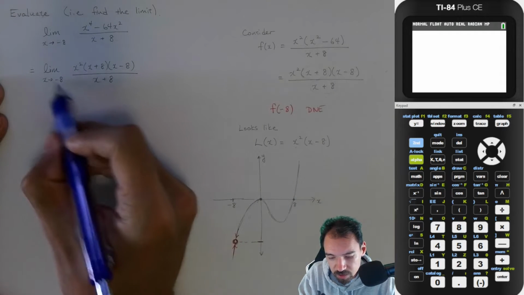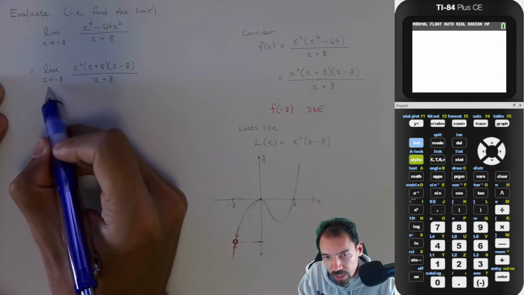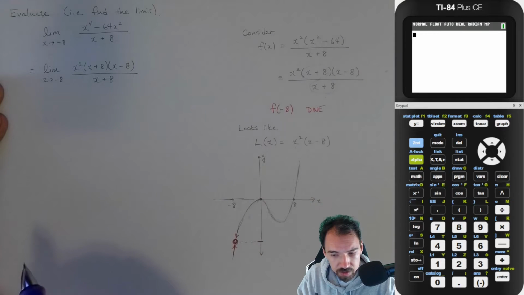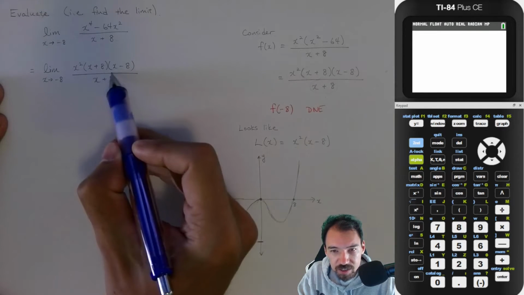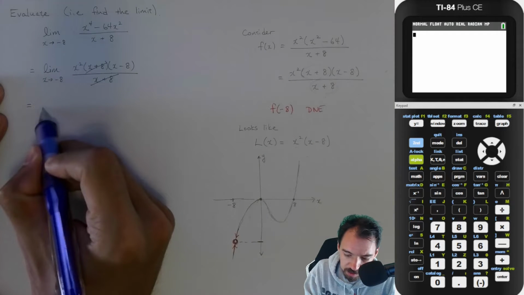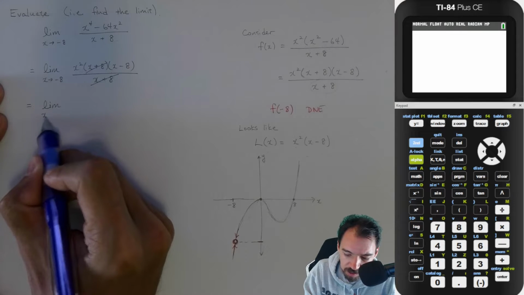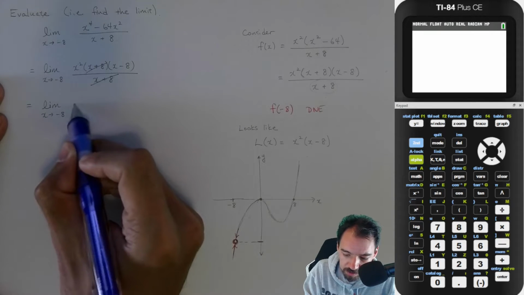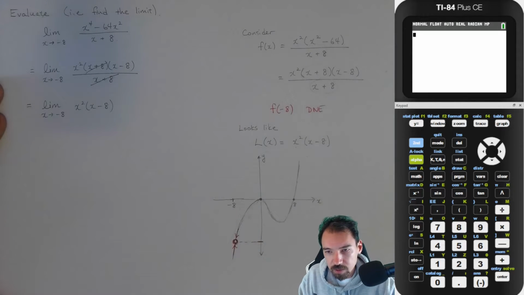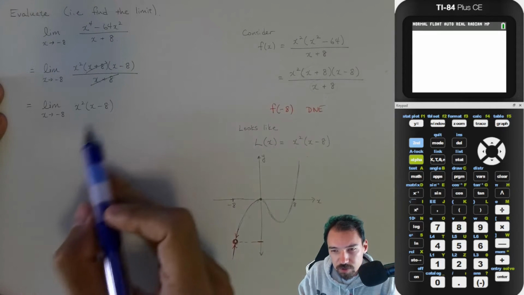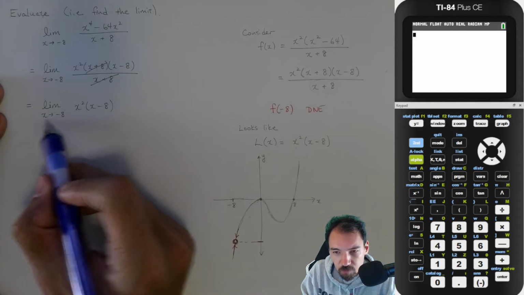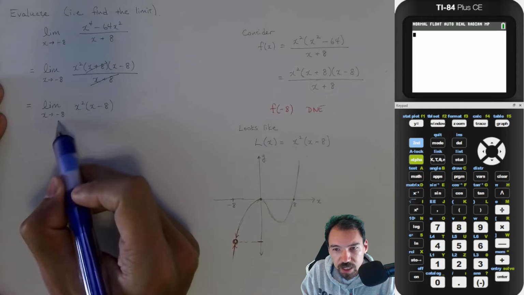Now, because we're in this limit context, we know that x is very close to -8, but it's not exactly -8, which means since x is not exactly -8, we get to cancel these things. So we're saying this is now the same thing as that. This is our lookalike function. And this is saying what happens as x gets very close to -8.